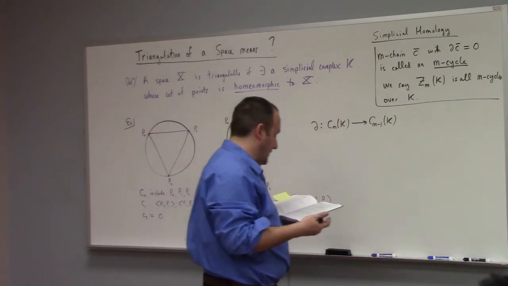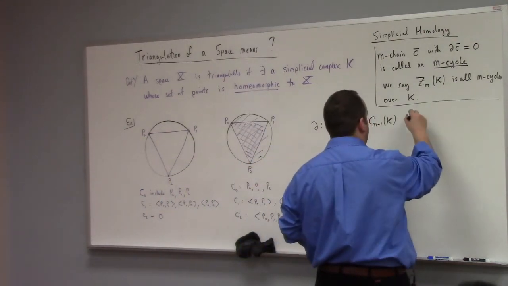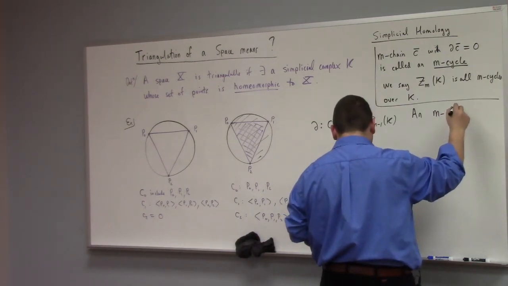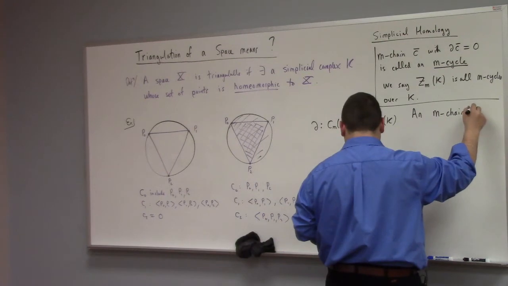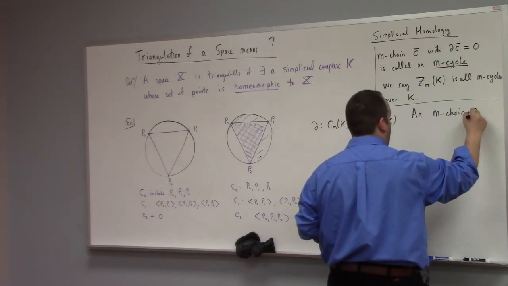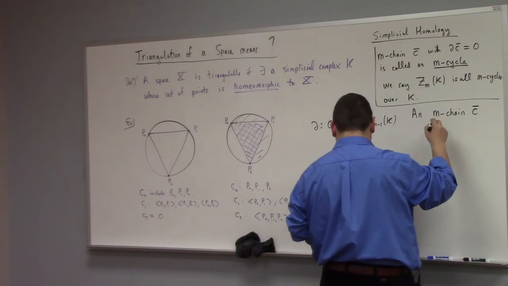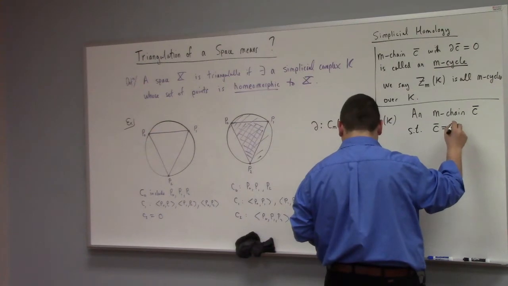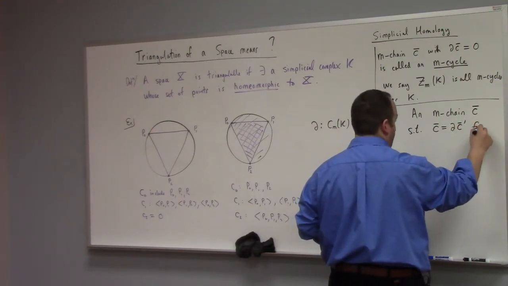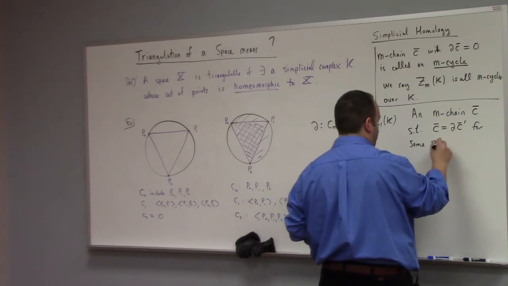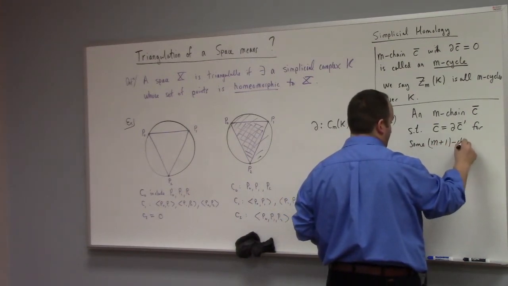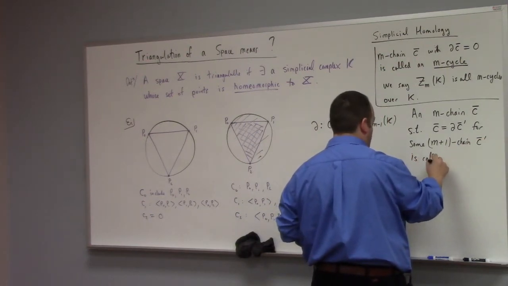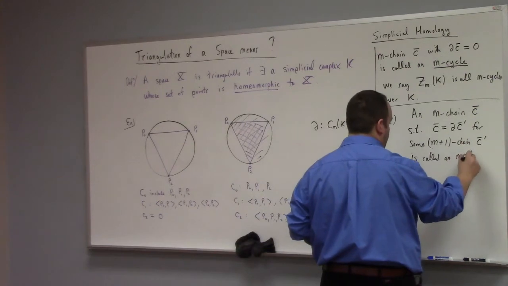There's also something called an M boundary. An M chain, let's say C bar, such that C bar is equal to the boundary of C bar prime for some M+1 chain, is called an M boundary.